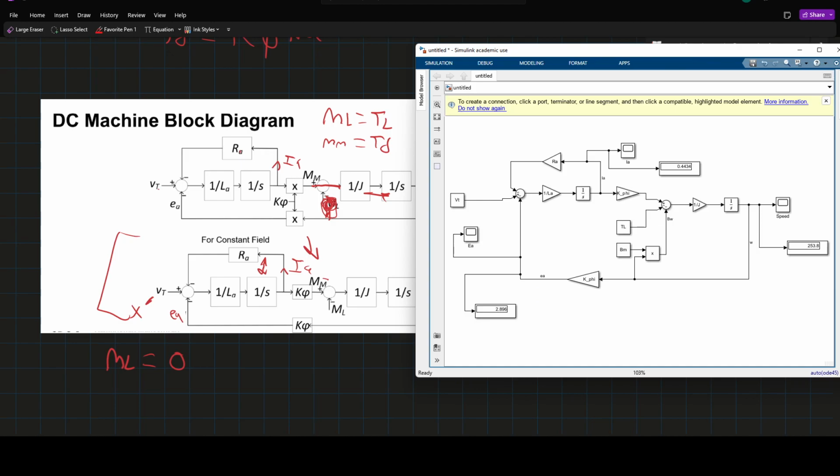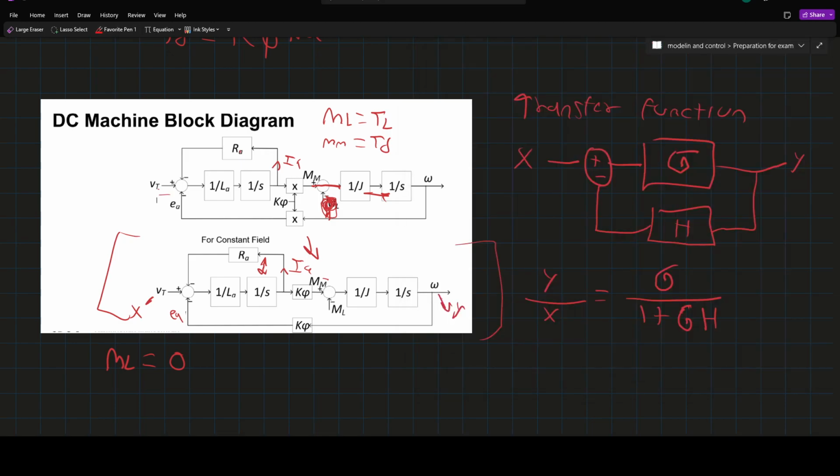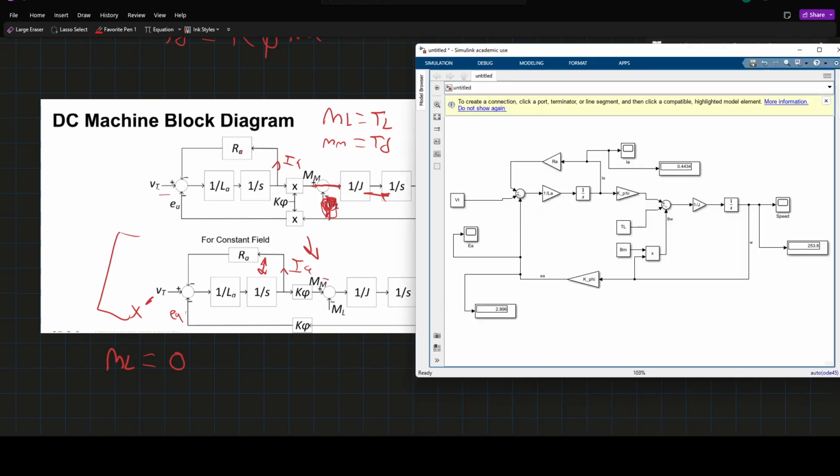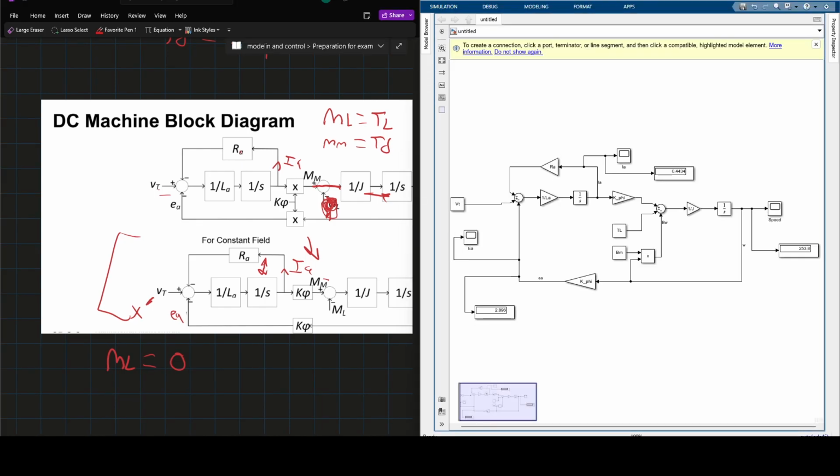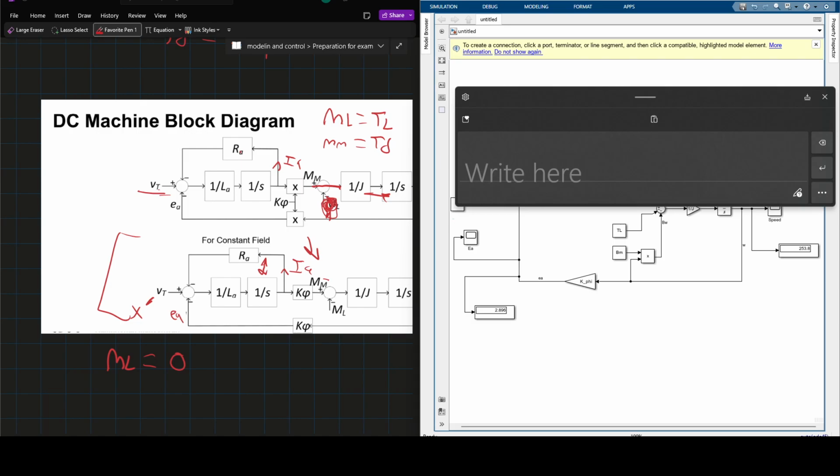So here we have our input VT. I hope, give me a second. Okay, this is a little bit better. So we have here our VT that I'm putting as an input.